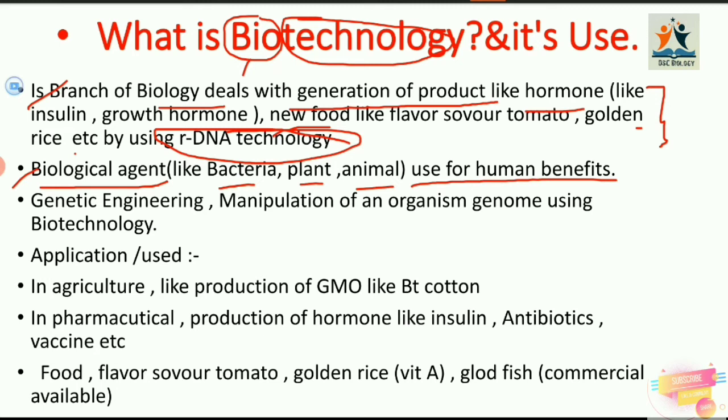Okay, next one is genetic engineering. Here there are three terms: biotechnology, rDNA technology and genetic engineering. We must know the meaning of these three terms. Biotechnology is a branch that deals with the generation of products by using rDNA technology.